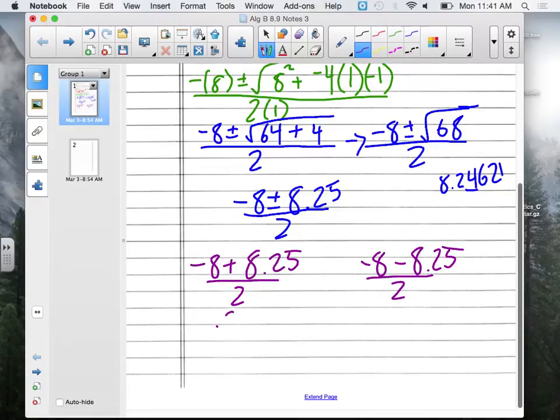Okay, 0.25 over 2. And can we divide that out or into anything pretty? No. So since we are rounding to the hundredths place, we can just plug this into our calculator and get a decimal answer. So what's 0.25 divided by 2 when you plug that into your calculator?